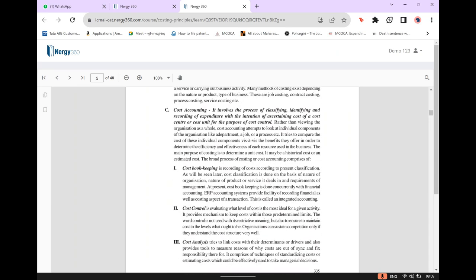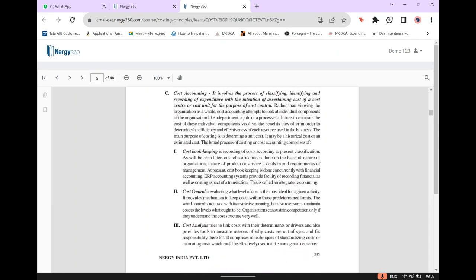With this, some other things: cost bookkeeping. It is keeping of records of cost of present classification. Cost bookkeeping is not very relevant as of now, because I told you the cost, management and financial accounts are integrated.